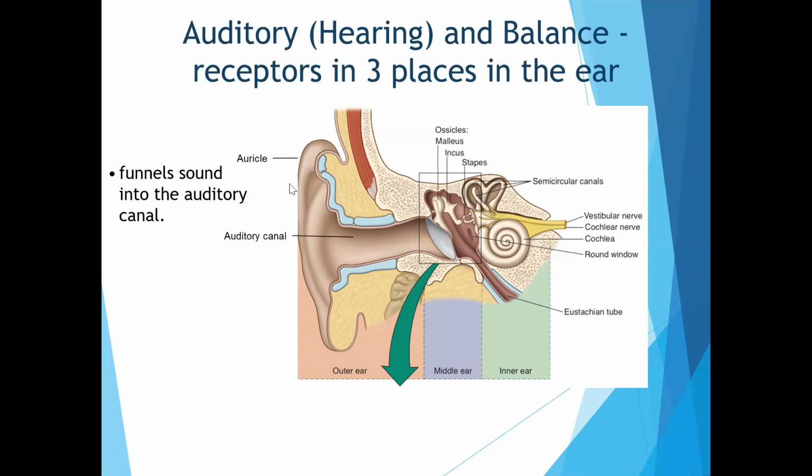The auricle is this outer lobe of your ear. And then this is your auditory canal. The shape of the auricle and the auditory canal is meant to funnel sound into this canal, which can then travel into the middle ear and inner ear. So we'll talk about sound conduction through the whole process.